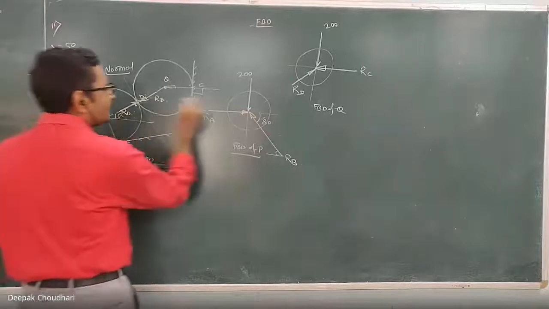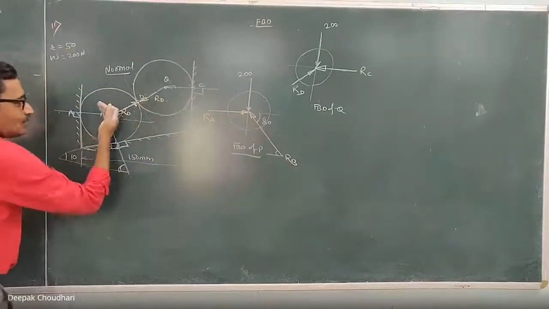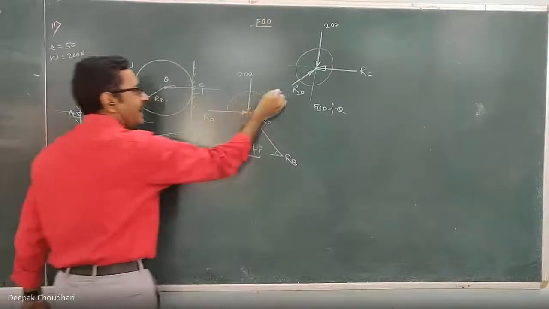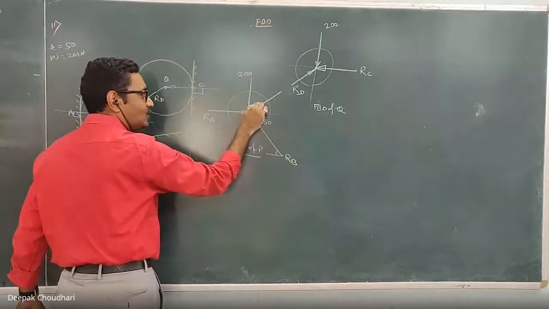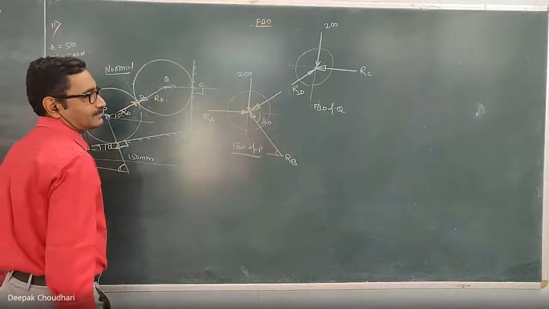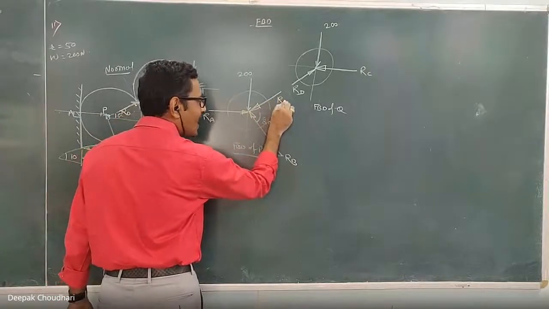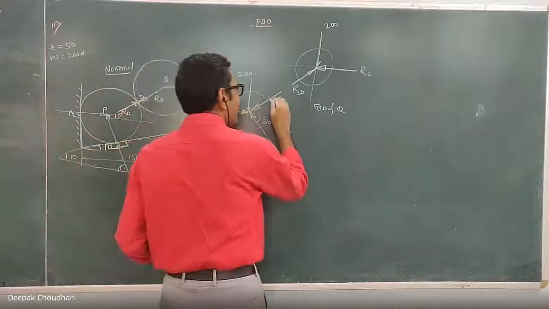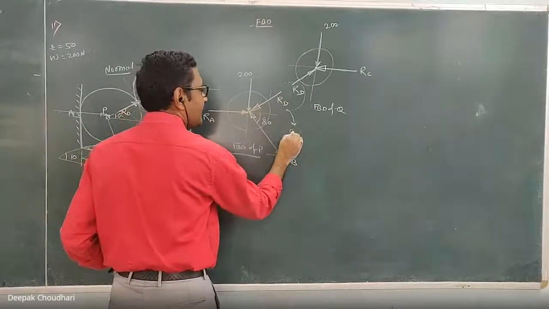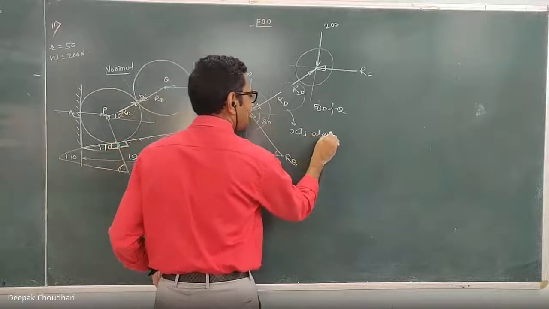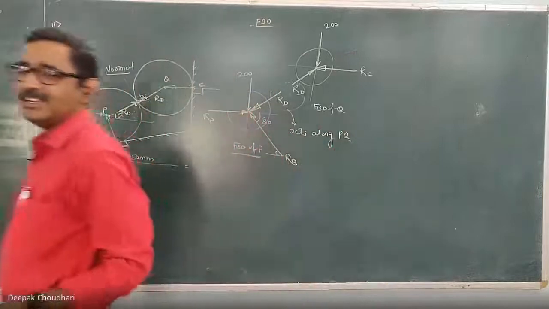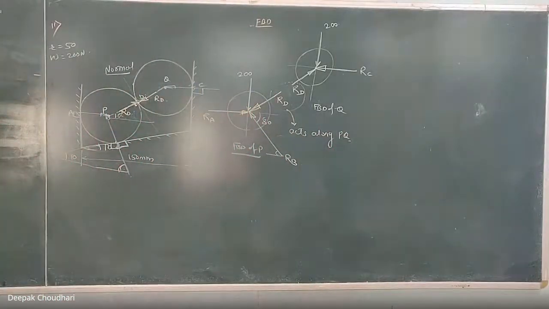Yes, sir. Okay. Then the fourth force acting on this cylinder P is the reactive force exerted by Q on P, and this reactive force exerted by Q on P, at this common point, will act along this common normal and directed toward the body under consideration. Now this reactive force is also RD. These two forces RD, on which line do they act? They act along the line PQ, along the common normal.